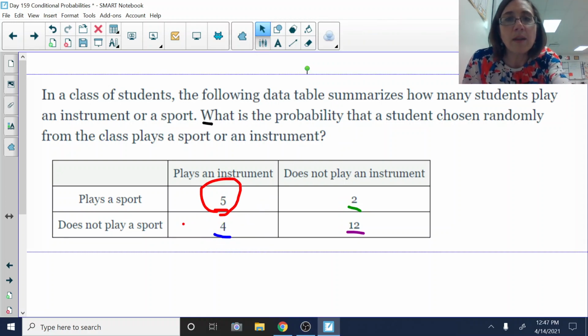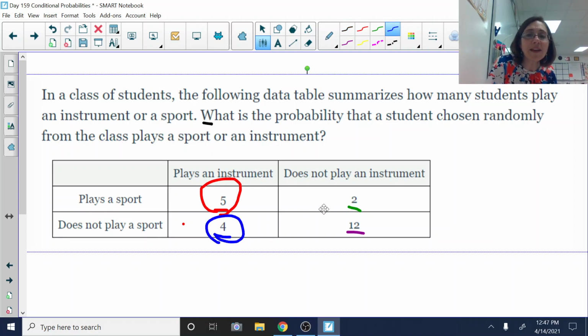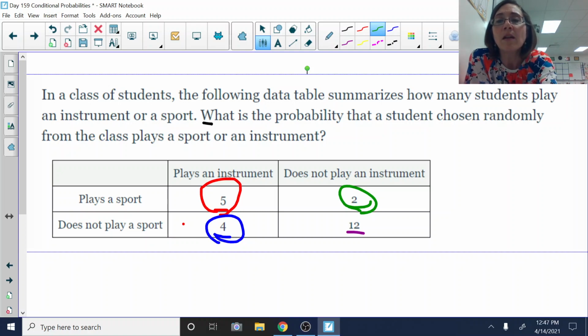I'm trying to circle them in blue. The 2 kids over here in green play a sport. They don't play an instrument, but they do play a sport, so they count. But those purple kids don't play either one, so we're not going to include them in our number of kids who play a sport or instrument. So it looks like I have 11 circled there for kids who play something.